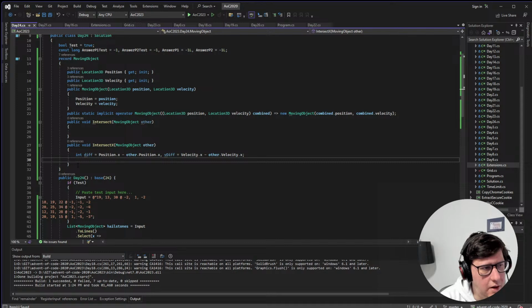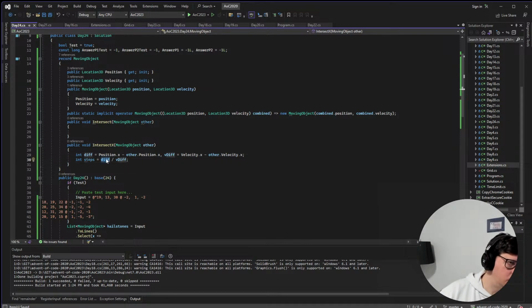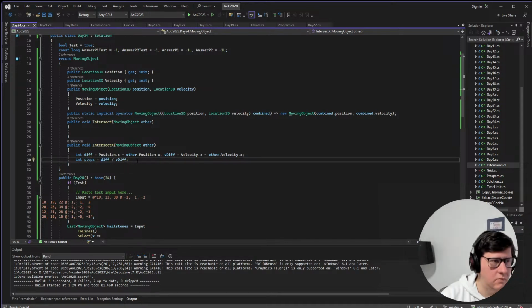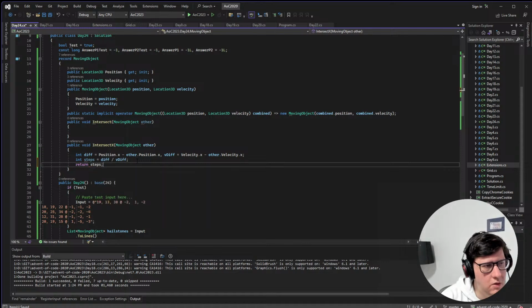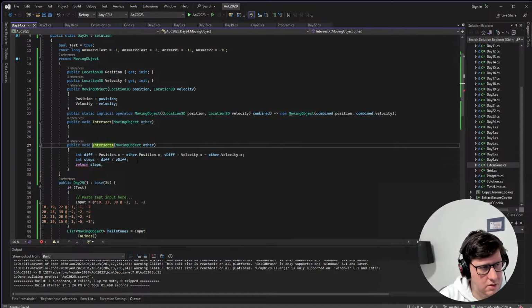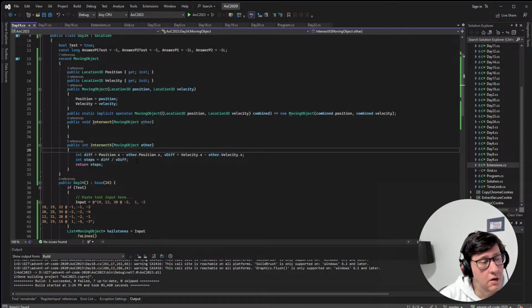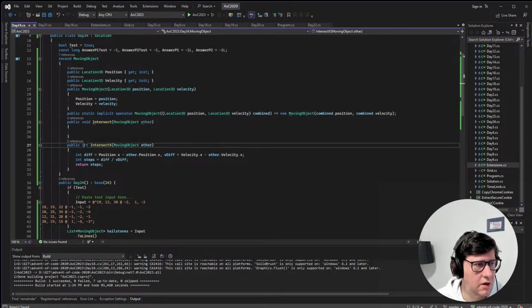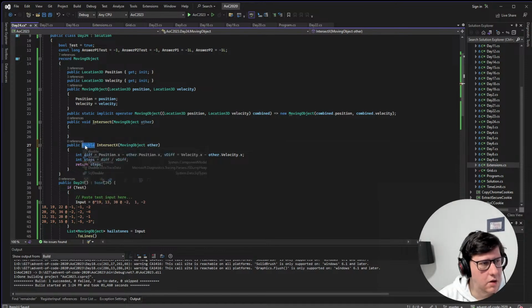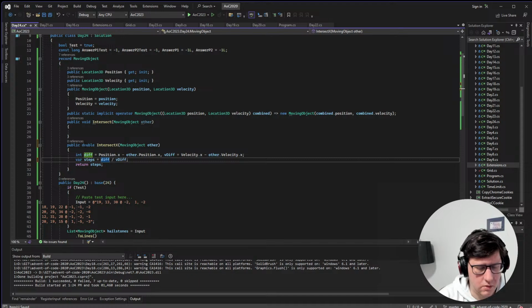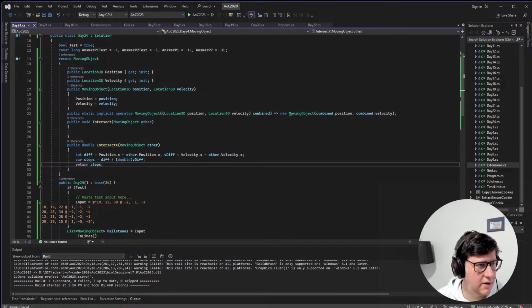And now probably like int steps is diff divided by vdiff, something like this. Let me just think this out. And this one will be, I can just make this a double here. Something like this.